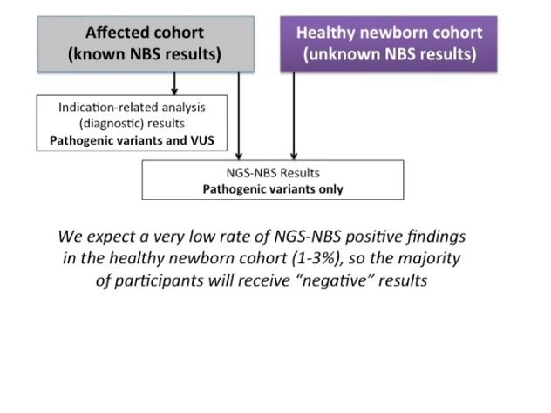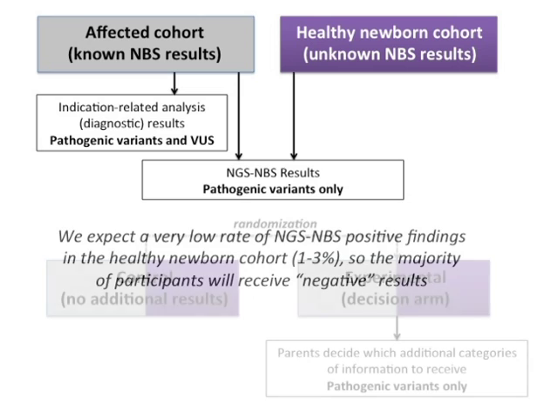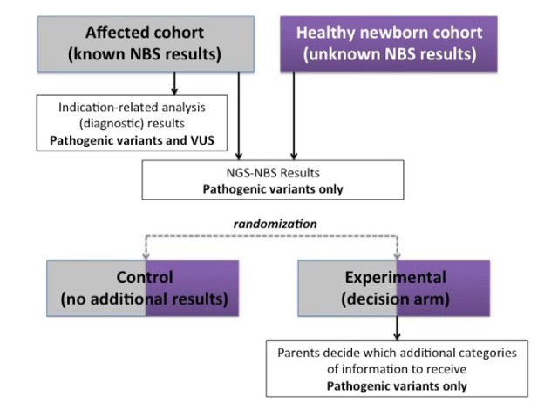And then the same will go for the healthy newborn cohort. They'll get the known pathogenic results. And then the randomized group that can decide, if they're randomized into the decision part, can decide which additional information on which genes they want to know about, if any. There's certainly an option that they won't get any of those additional findings back.